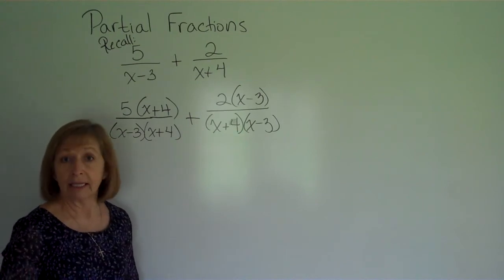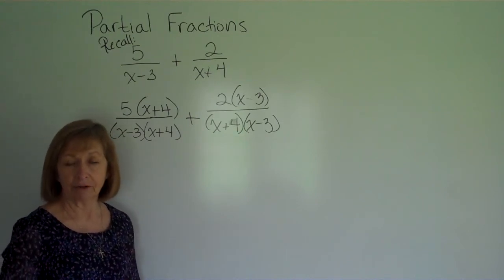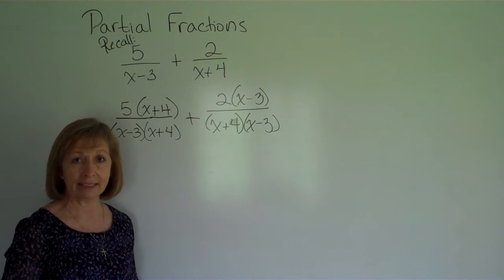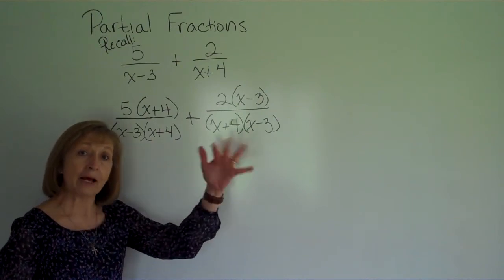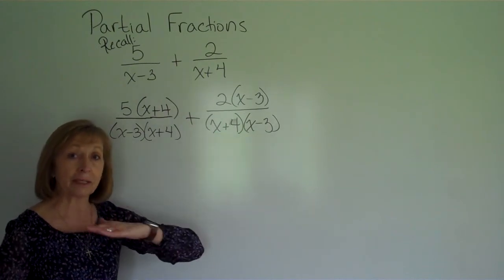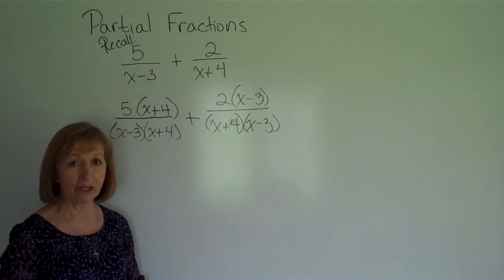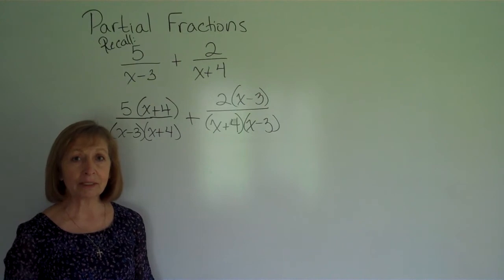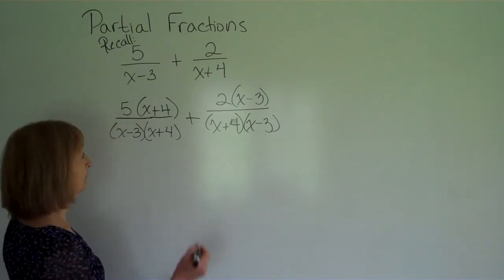Now, also recall in working with adding or subtracting fractions, once we build to get the common denominator, we want to multiply out the numerator expressions and then be able to add the numerators but keep the common denominator. So I'm going to multiply out the numerator but keep the denominator factors.